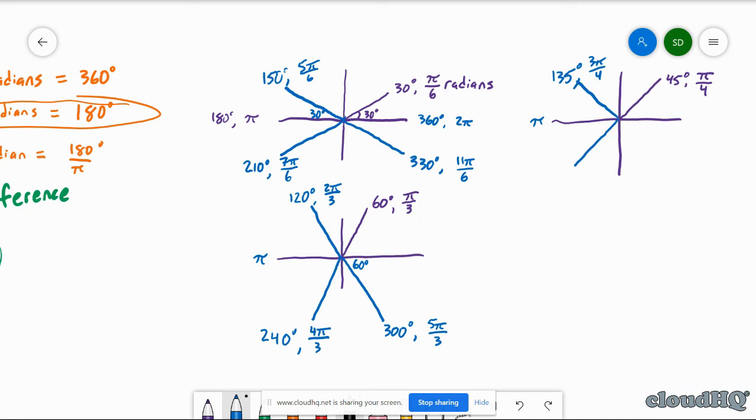When we go to the third quadrant, that's 180 plus 45, that's 225 degrees. How many radians? 5/4. So pi plus a fourth is 5/4 pi. And then in the last quadrant, 315 degrees. If I subtract 45 from 360, that would be, yes, 7 pi over 4.